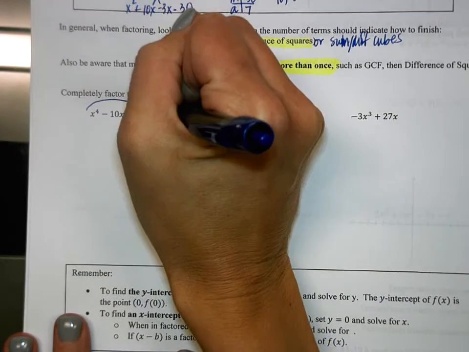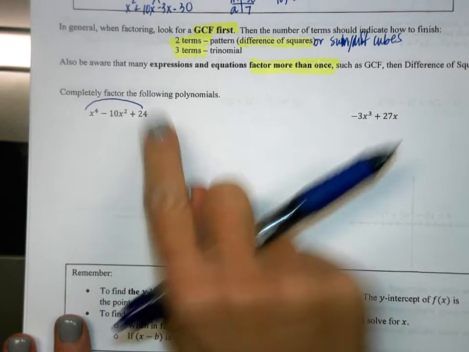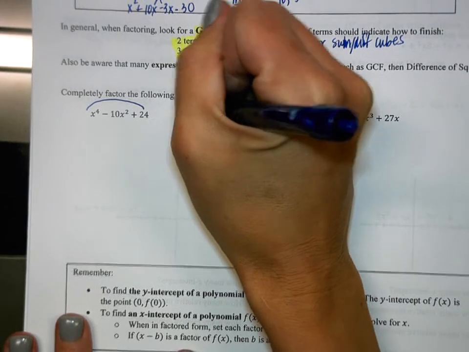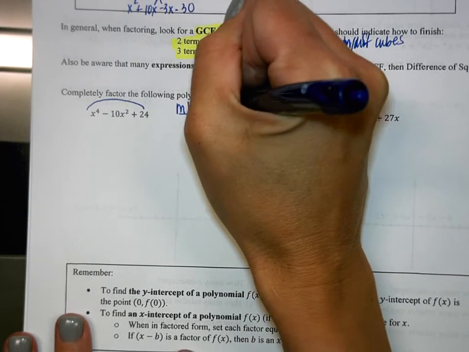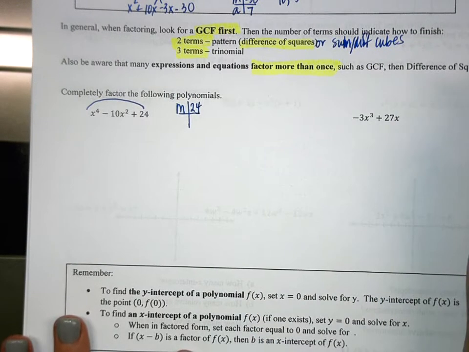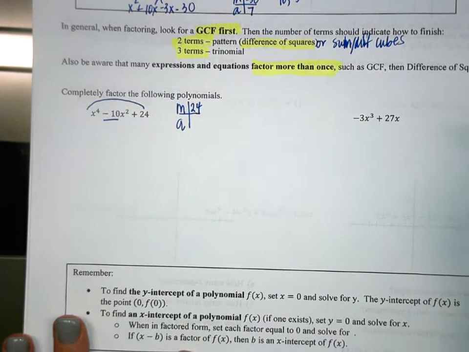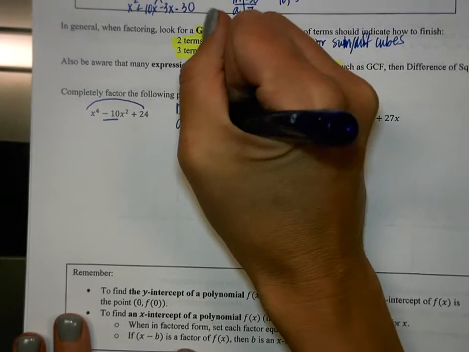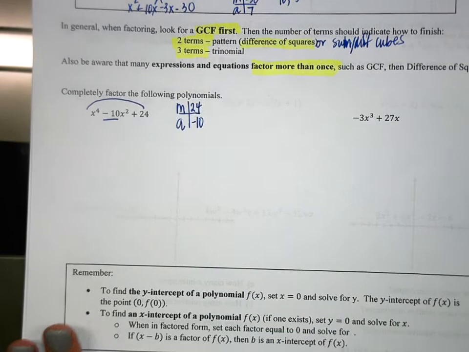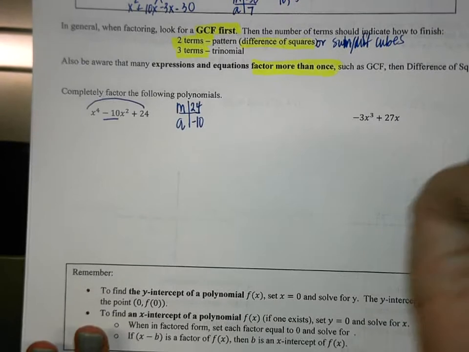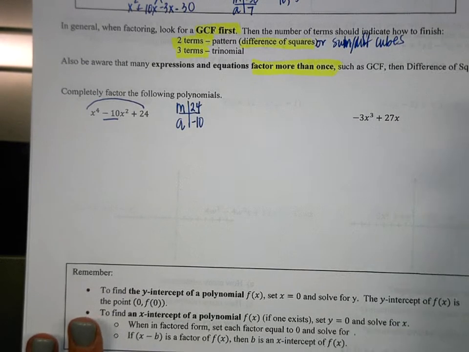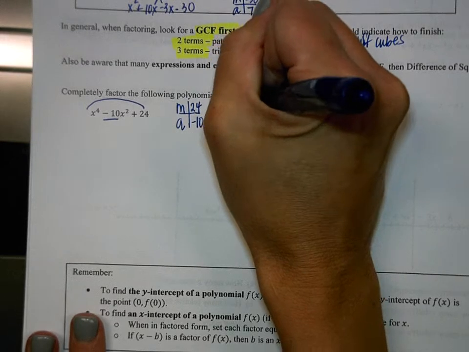So remember that we always multiply our first term with our last term, and in this case, the multiplication term would be 24. Our adding term is always this middle term here, which happens to be negative 10. Very good. So we start listing all the numbers that multiply to be 24. We have 1 and 24.